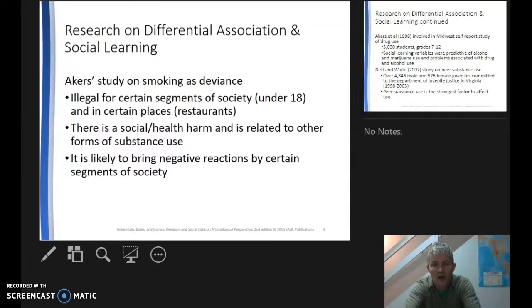Even though there's all kinds of social cues to not engage in these types of deviant behavior, we fail to react in the appropriate way. We end up doing things that society would frown upon simply because people that we look up to and engage with are engaging in those types of behaviors.